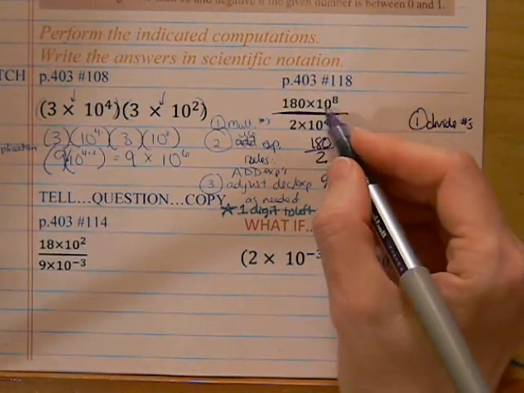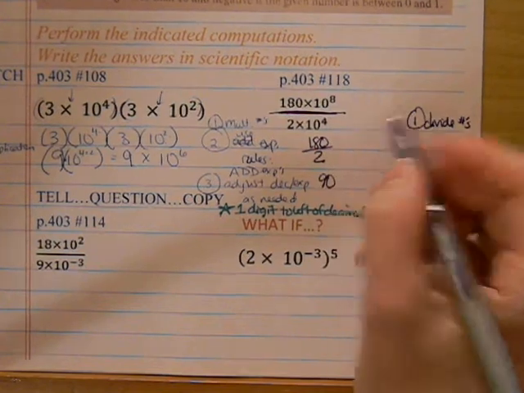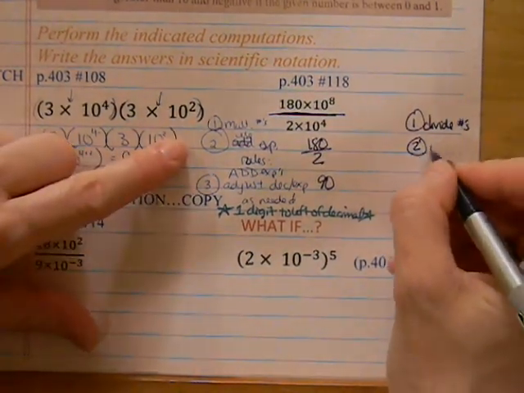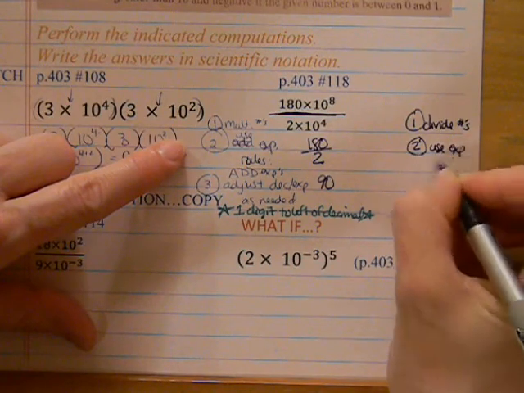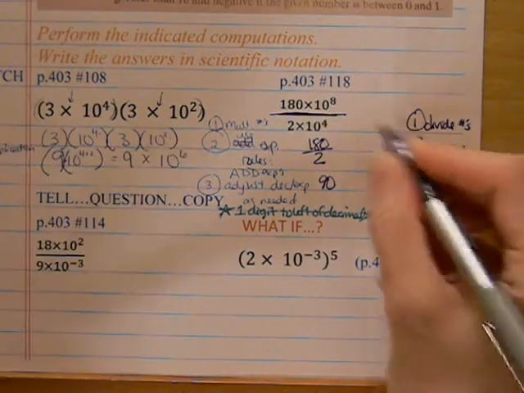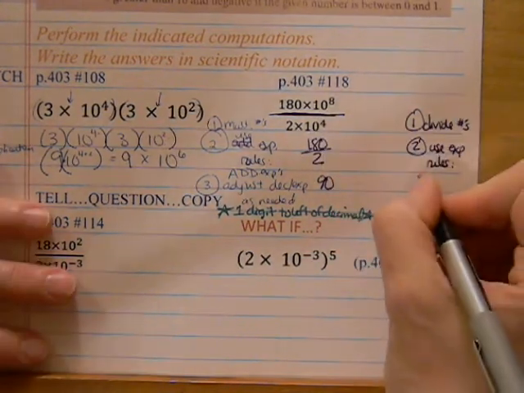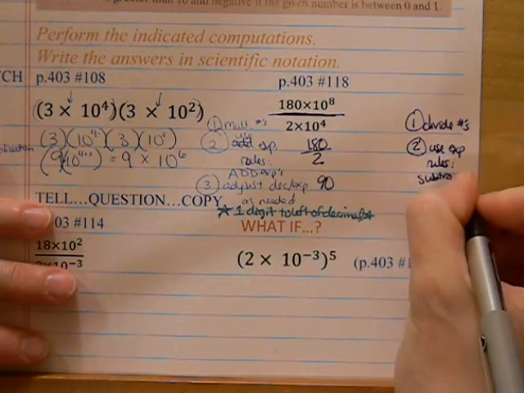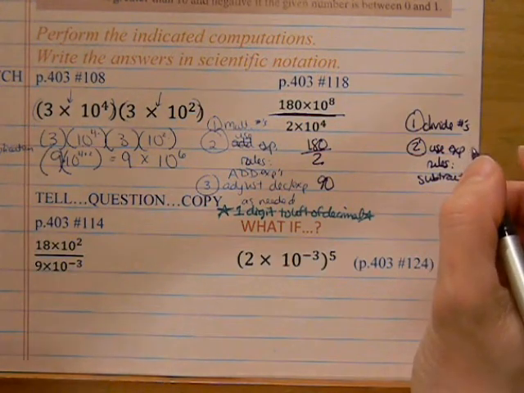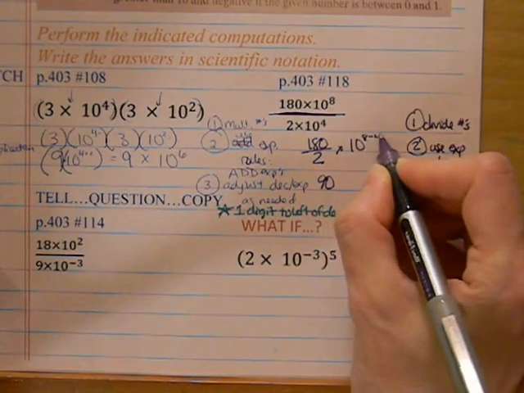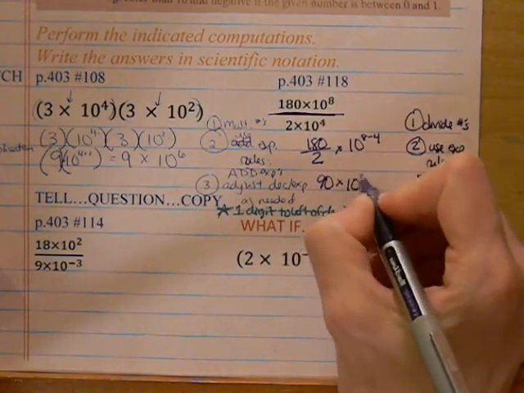And then we've got 10 to the 8th over 10 to the 4th. We're going to use our exponent rules. Because we've got the same base, 10, being divided, you're going to subtract those exponents. And it's always top exponent minus the bottom exponent. So we've got times 10 to the 8 minus 4, which is times 10 to the 4th.